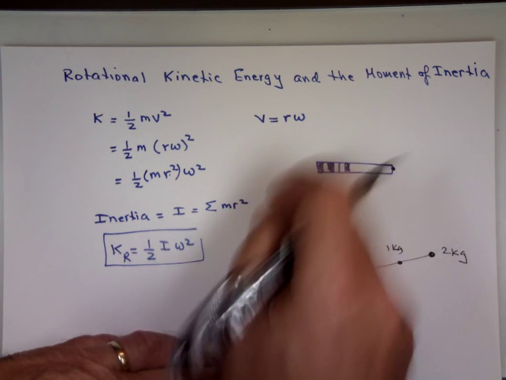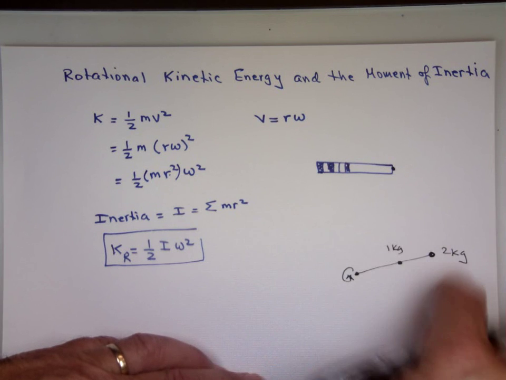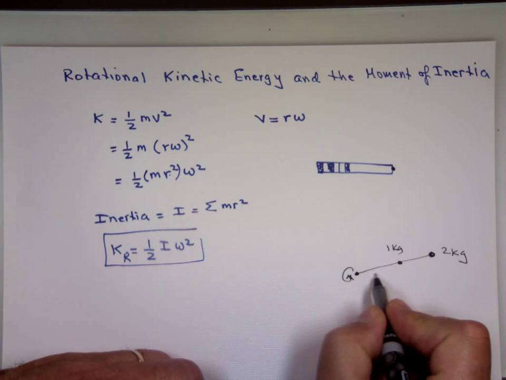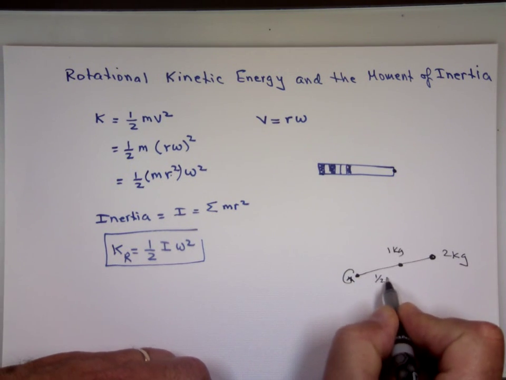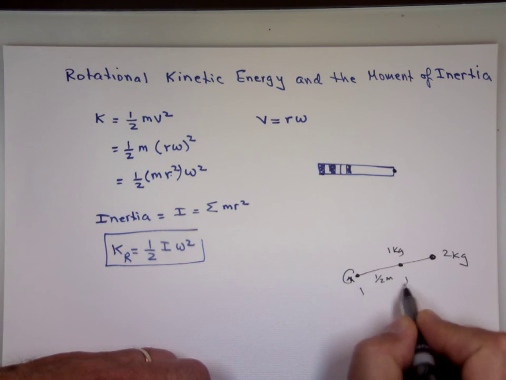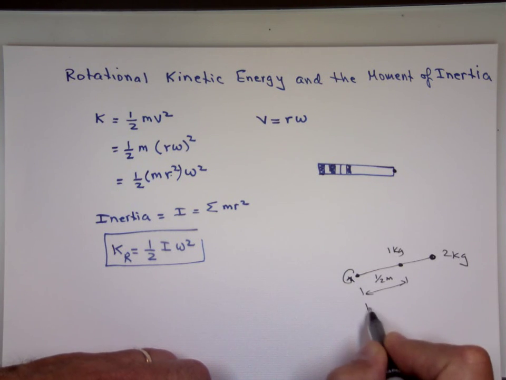Let's say this distance is 0.5 meter to the first one, and 1 meter to the second one.